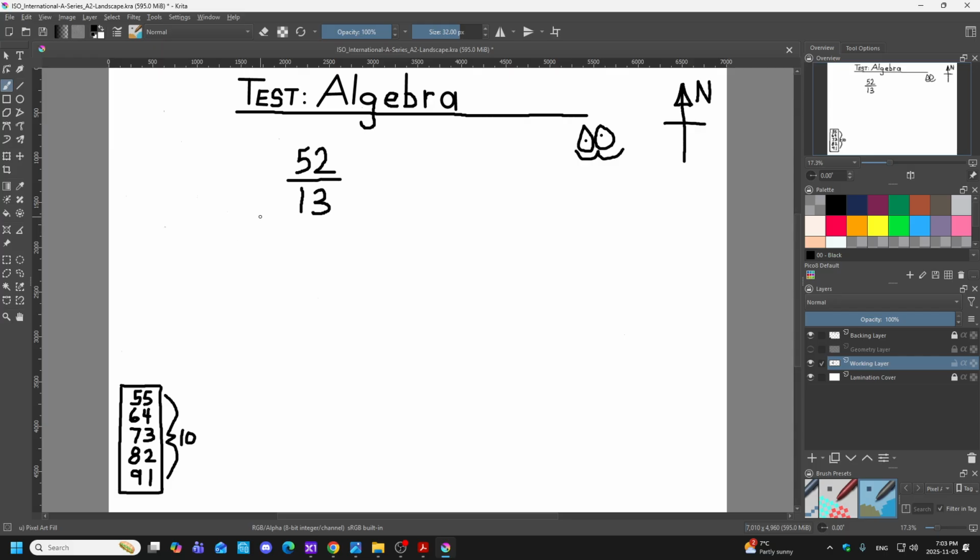So half of 50 is 25, correct? So we just have to figure out what's half of 25. And logically in our mind, we know that's roughly somewhere between 12 and 13.